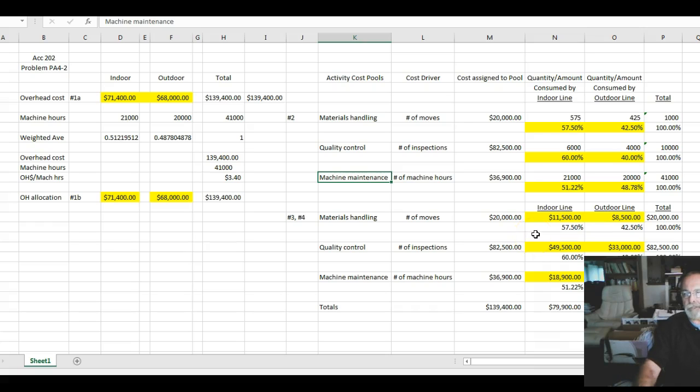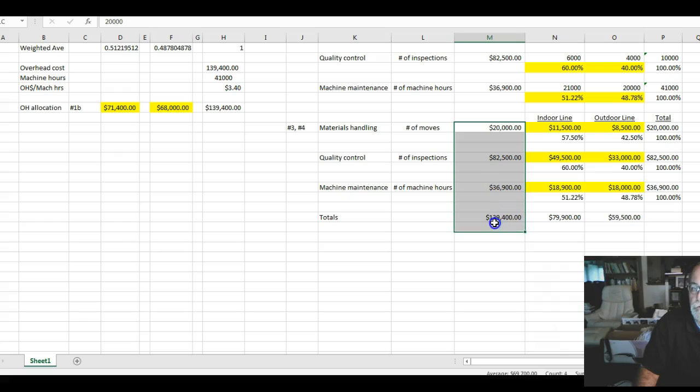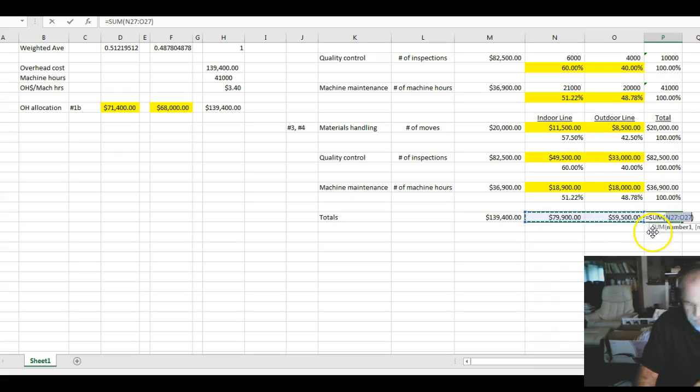And then the final step is to say, okay, now we need to allocate each of these 3 totals to the 2 products, and we have calculated the proportions or the percentages that allow us to do that allocation. So again, we got the total here, which is 139.4, and this should be our check total, which is 139.4.